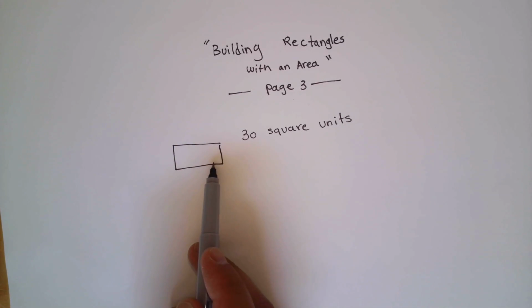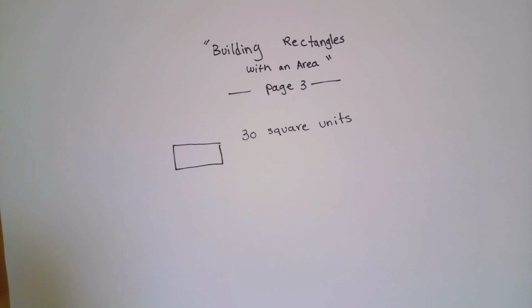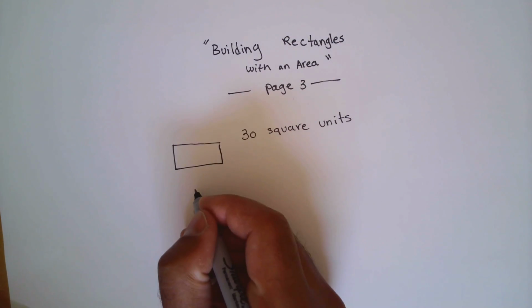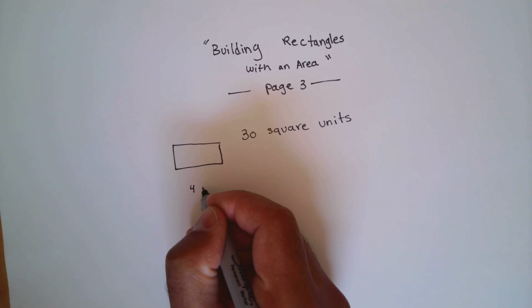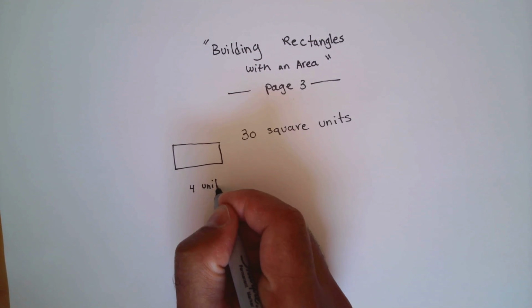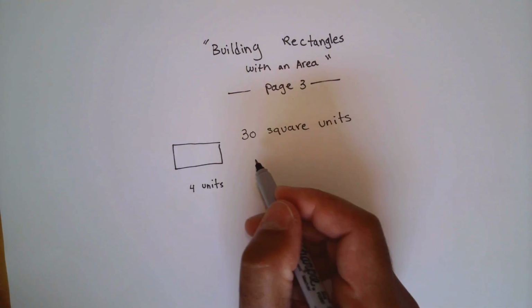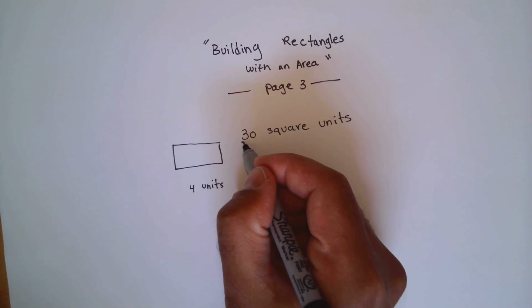The area is how much space is within this rectangle. And one way we do that is by using squares, okay? So he wants to start with 4 units. All right, and in our video, we're going to see if he can make 30.